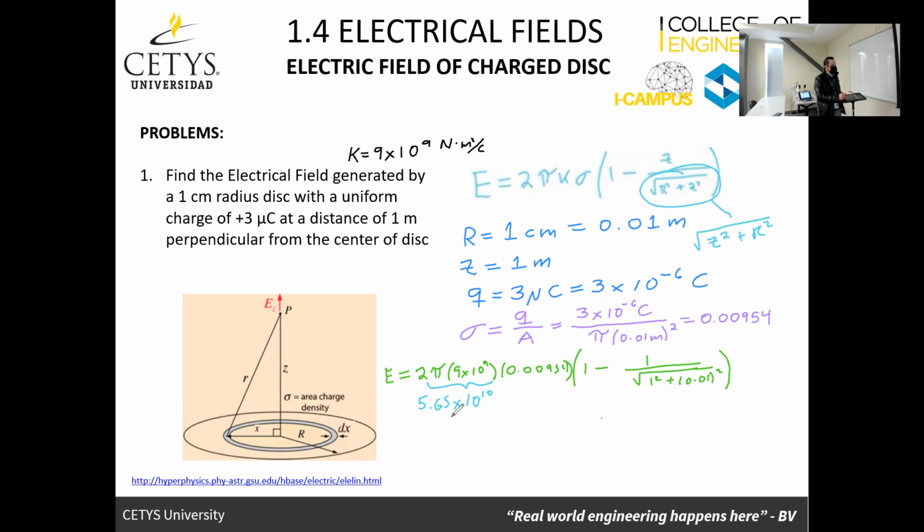Now we're going to do this one multiplied by 0.00954. Give me the result of these two. I got 53,942.03.